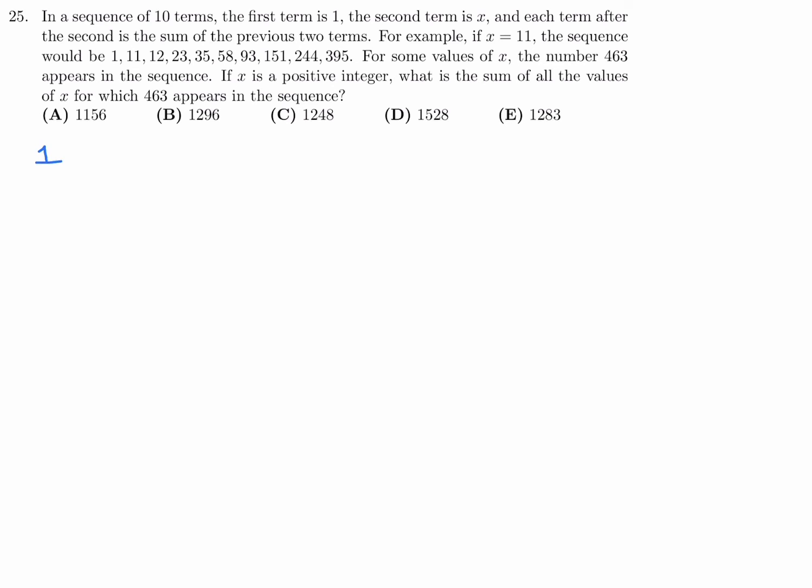We have the first term, second term, third term, fourth term, and so on, right? Good news is we only have 10 terms. Much better than having 100 terms or infinite terms. Now they tell us the first one is equal to 1. The second term they tell us is x. And then every term after that is the sum of the previous two.